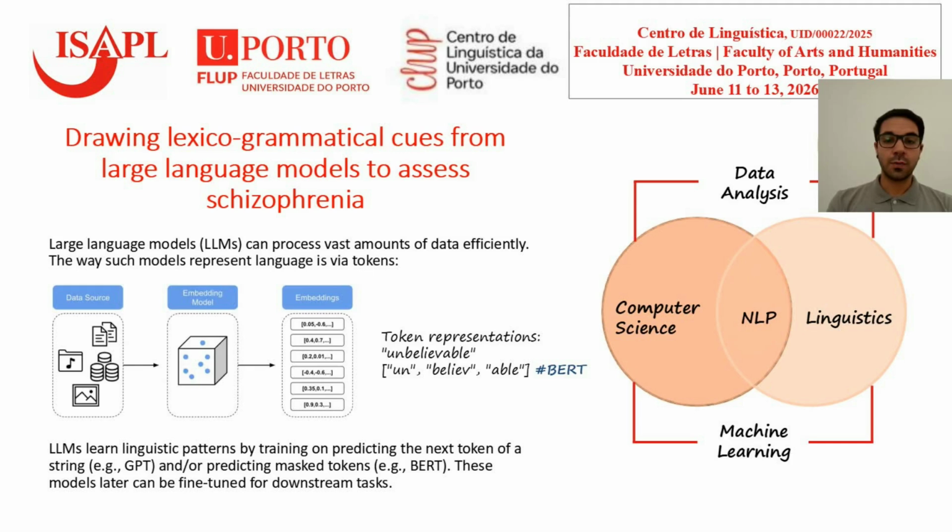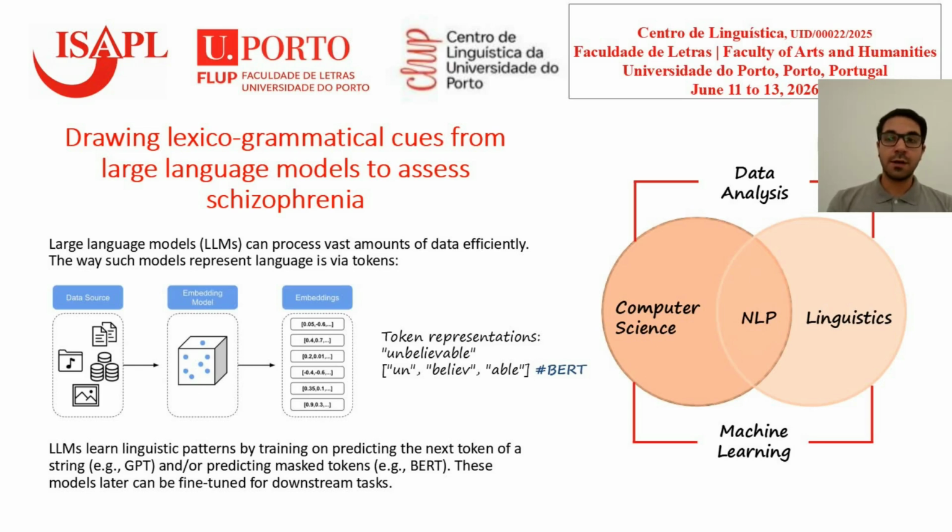Nowadays, the state-of-the-art way of representing language is through tokens, because these are the units that are fed to large language models, which are the state-of-the-art algorithms for processing language. Tokens, in the case we're going to present, are very aligned with morphology concepts because they're not entire words and they are not based on characters, but on subwords, which are parts of words that usually represent roots and affixes.